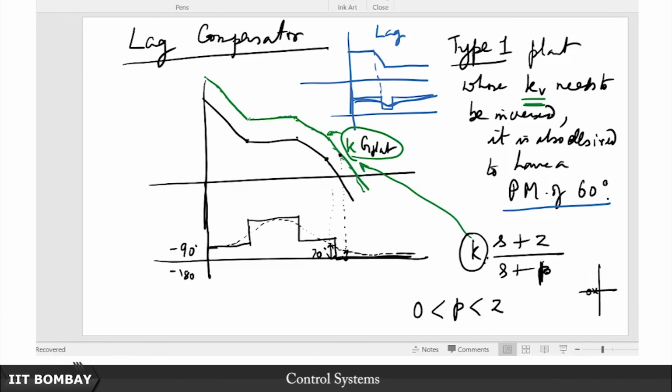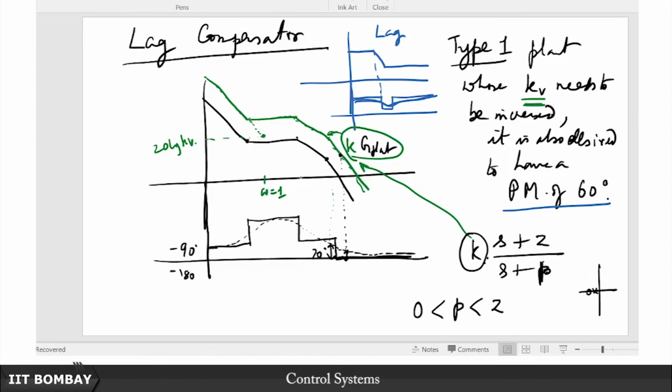Because after all, the kV is nothing but this at omega equal to 1, whatever this is, that is going to be my 20 log of kV. So, if I lift this up, then basically I am improving kV, right. So, that is why I am going to increase k to a sufficiently high value till kV is met.